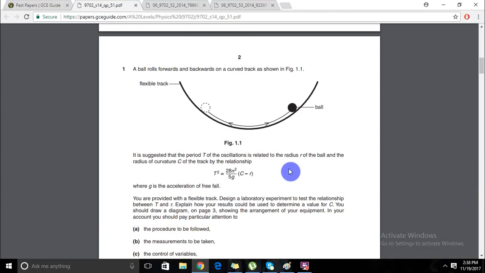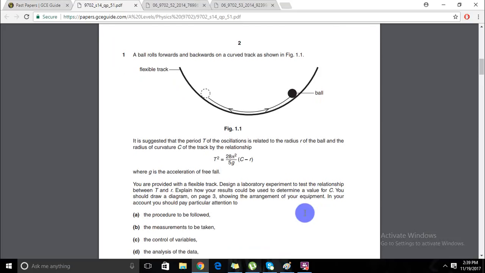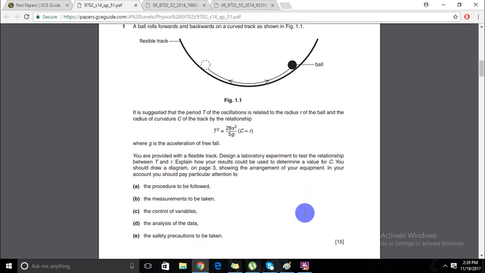And we have to explain how the results of the experiment we designed would help us determine a value for C. And you should draw a diagram showing the arrangement of your equipment, alright? And you should pay particular attention to procedure, measurements, variable control, analysis, and safety precautions.